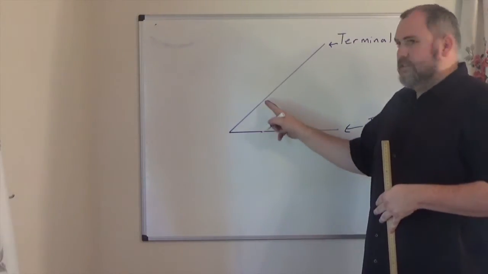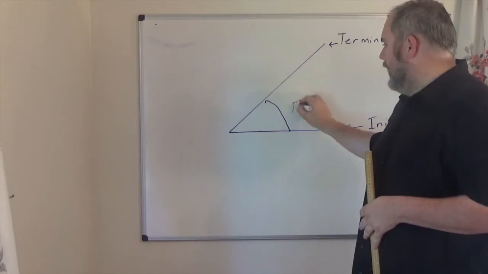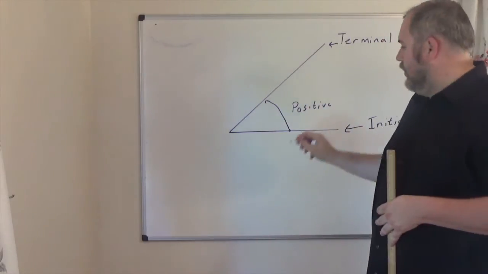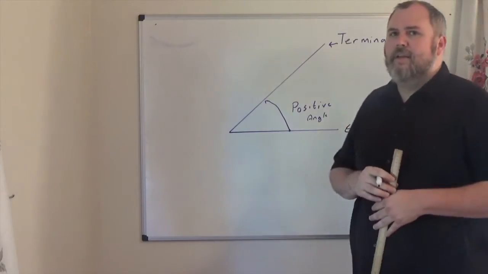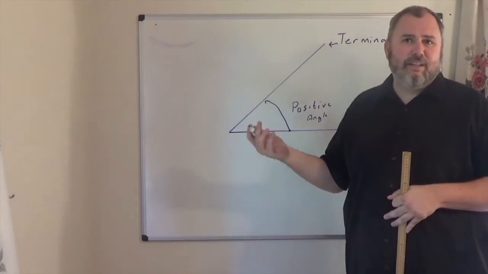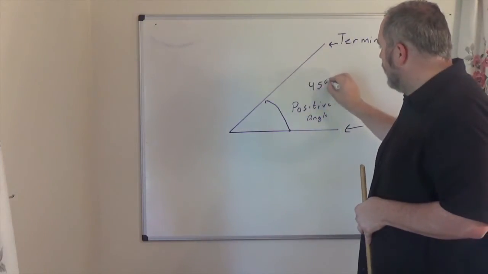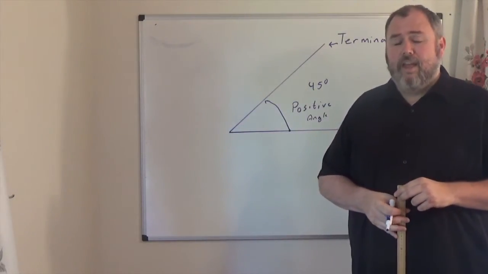I went this direction, and what I found out is that this would be a positive angle. So it's a positive angle when I went that direction. Let's just say, for the sake of argument, this is a 45-degree angle that I've created here. And this is how we normally measure angles.